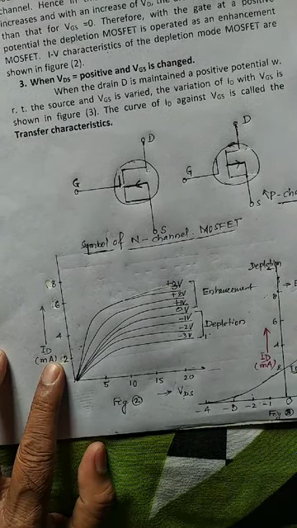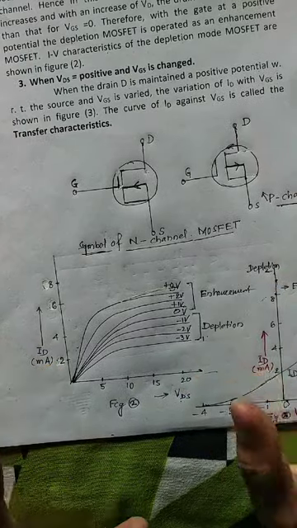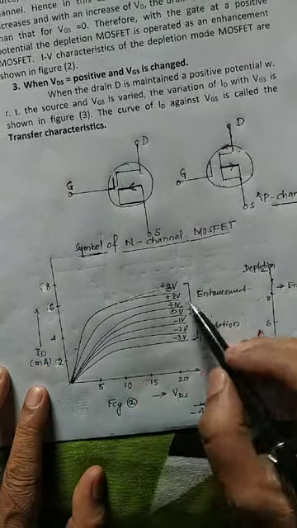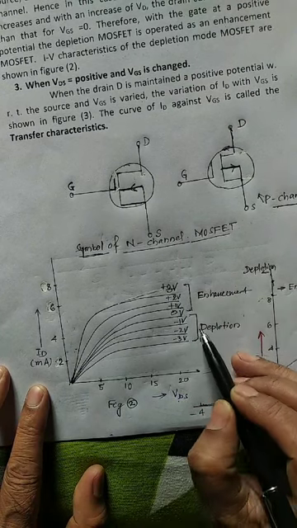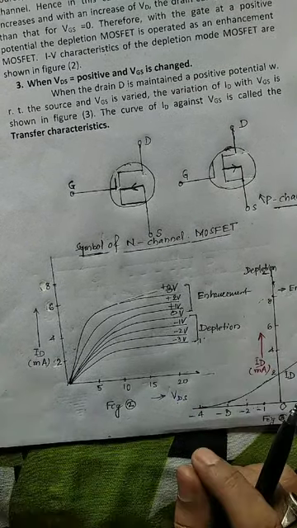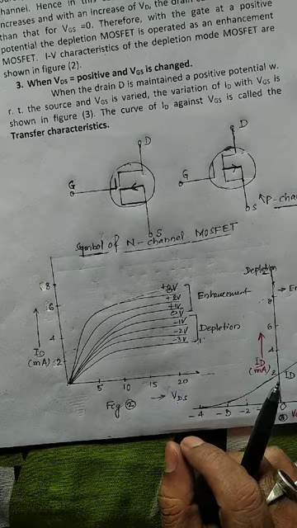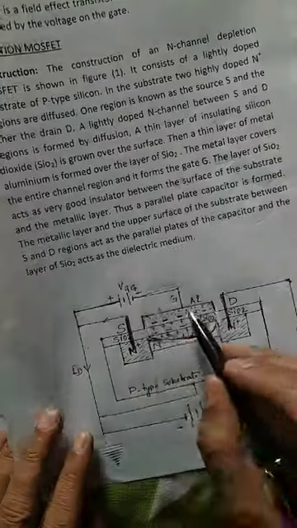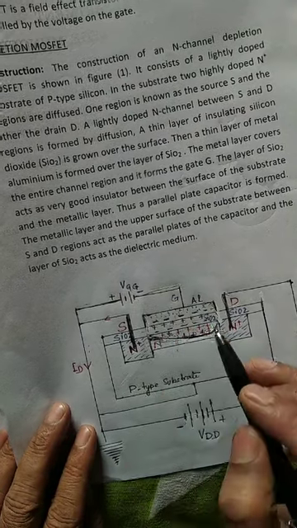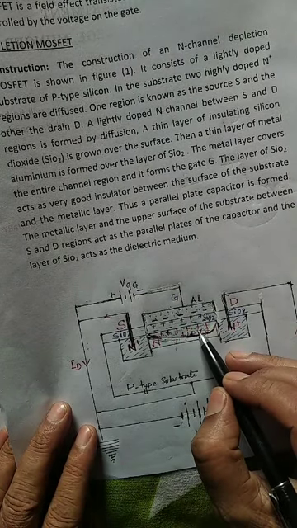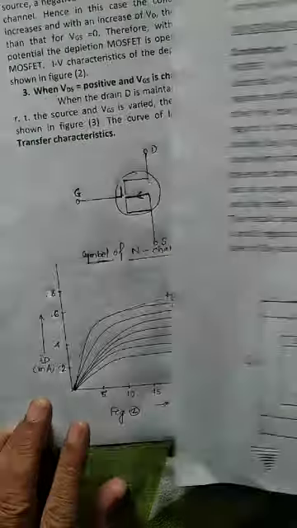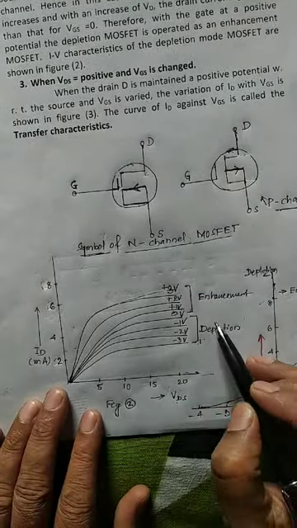The graph is like this. So we see this portion is the enhancement portion, this is the depletion portion. Actually we name it depletion, but it depends upon the gate voltage, whether positive or negative. Accordingly the width of the channel increases or decreases, and it works as depletion or enhancement.